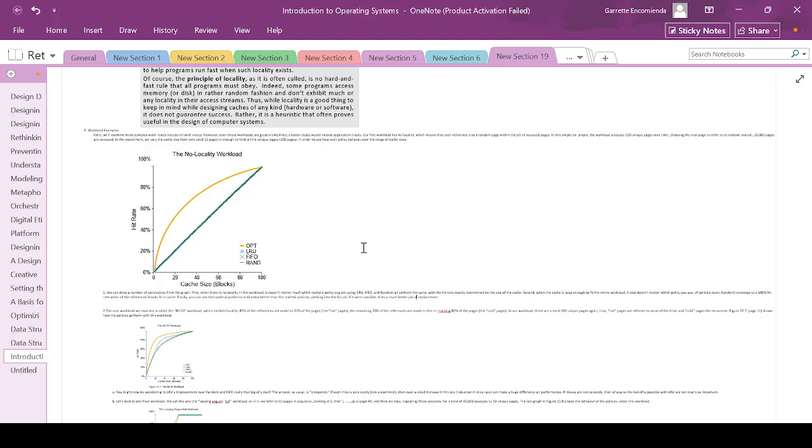In this simple example, the workload accesses 100 unique pages over time. Choosing the next page to refer to at random, overall 10,000 pages are accessed. In the experiment, we vary the cache size from very small, 1 page, to enough to hold all the unique pages, 100 pages, in order to see how each policy behaves over the range of cache sizes.